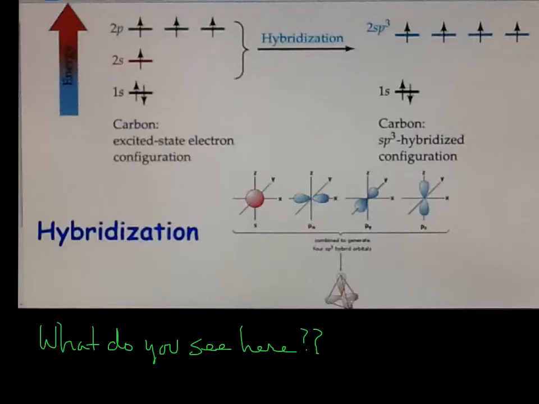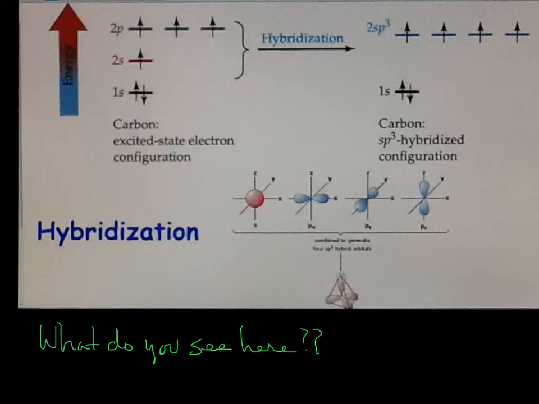Well, you have this diagram, and what we're looking at here is carbon in its excited state electron configuration. We have the 2 electrons in the 1s, and you have the 2s, and that empty 2p orbital actually takes an electron, which again would imply that one of those bonds should be different. But carbon's bonding orbitals undergo something called hybridization.